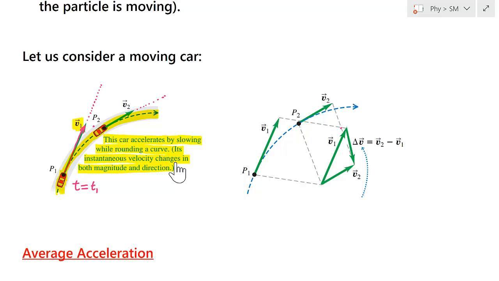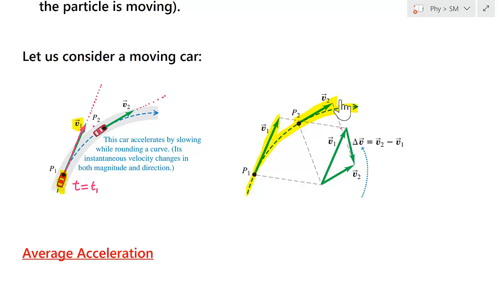Now to derive some mathematical expression, we will do the same thing in a different graph. So this is the same figure, the curved path in which this car is moving, and this is point P1 where this is the direction of velocity, and this is point P2 where this is the direction of velocity.